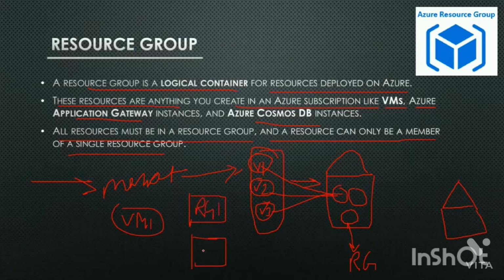Here, what this line means is that a resource can only be a member of a single resource group. Now this resource VM1 can be a part of this resource group or can be a part of that resource group, but cannot be a part of both resource groups. So it can be a part of either one resource group or the other.